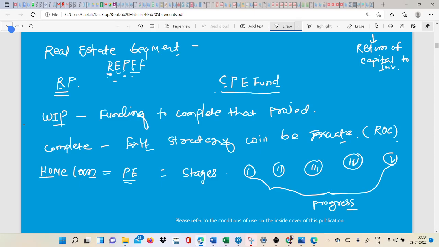Otherwise, if there is no funding, the builder cannot complete that project. Behind every big project there is a private equity investment, because funding is the key part that helps real estate companies complete their projects.